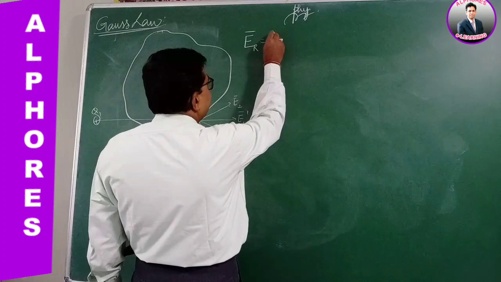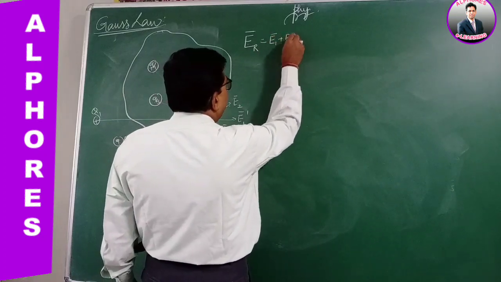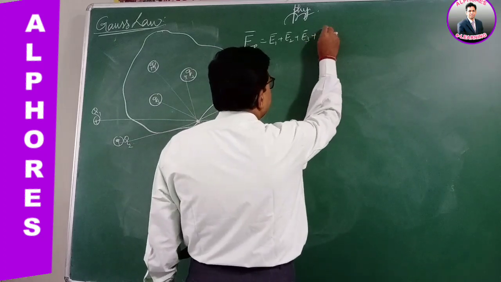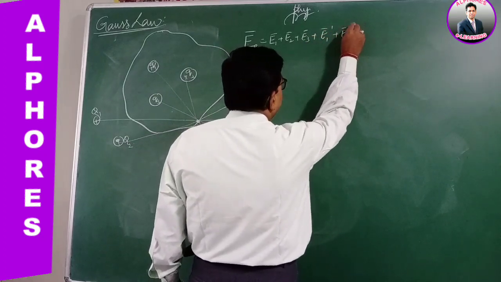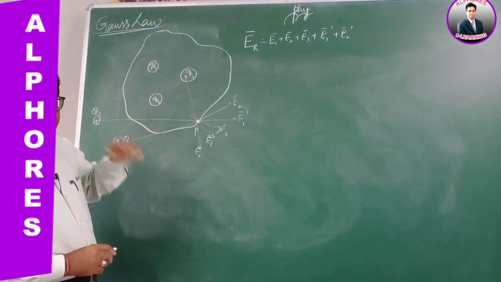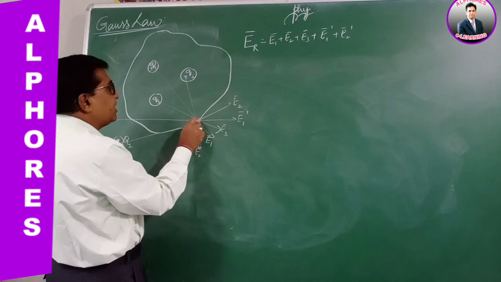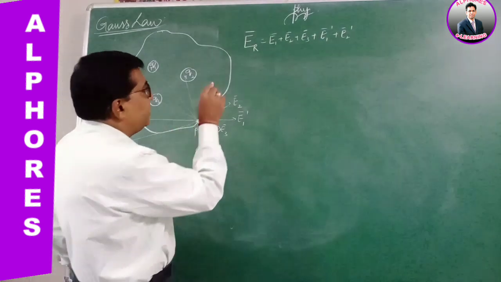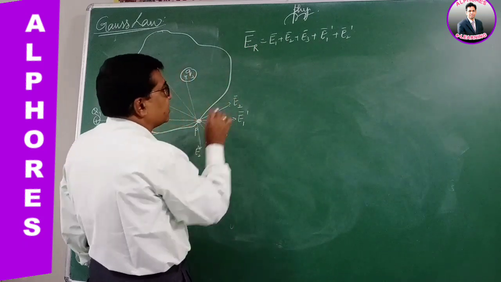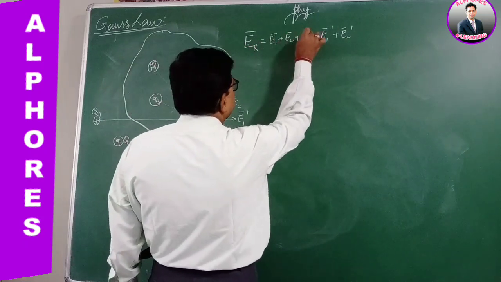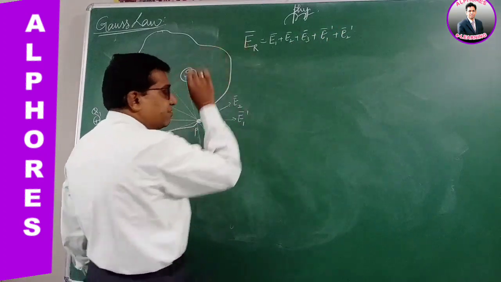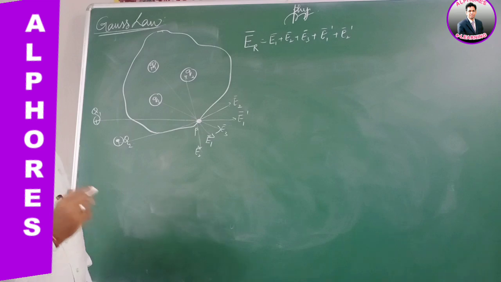So it is E1 bar plus E2 bar plus E3 bar plus E1 dash bar plus E2 dash bar. Some charges are outside, field due to them also you have to consider. This is the net electric field at that point, right?